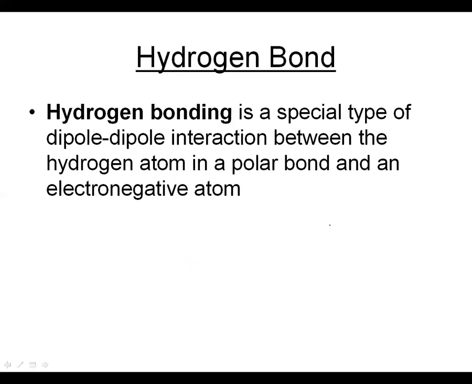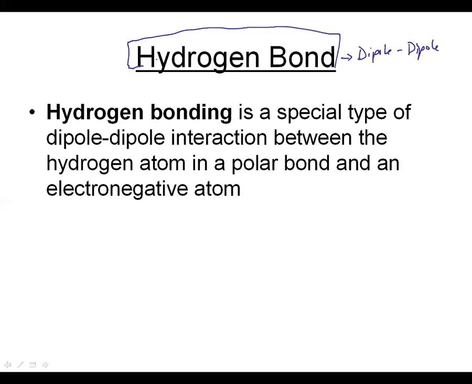Now, the last type of intermolecular force, a special type, is hydrogen bonding, which is really part of dipole-dipole interaction. But it is also a class of intermolecular force by itself.